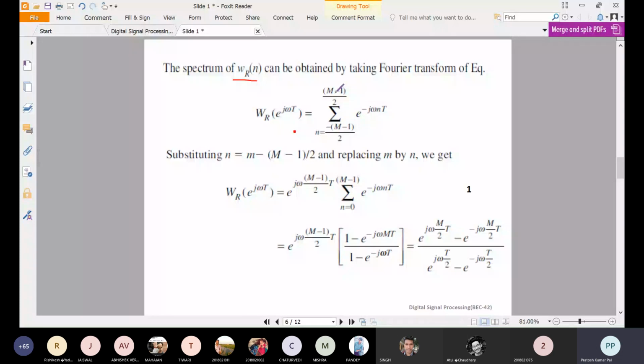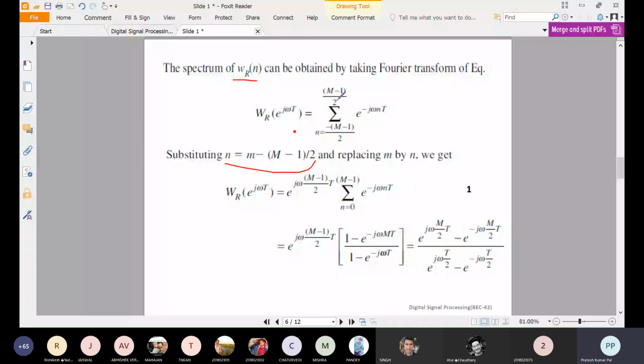Okay, if we simplify it, we will substitute the function, making sure it has a range from 0 to some value. So instead of minus to plus, we are making it 0 to that value.